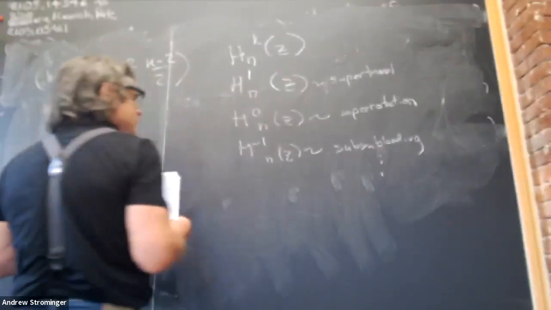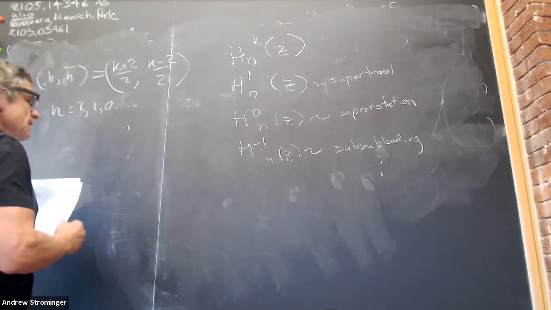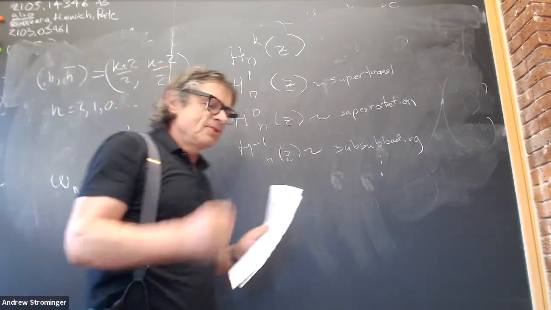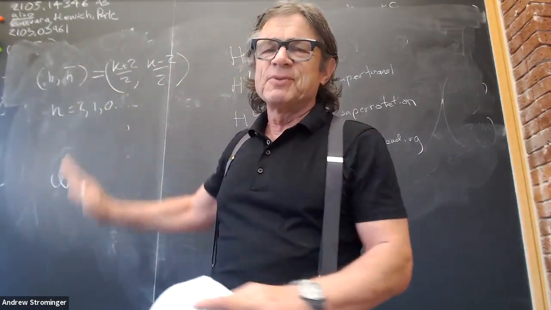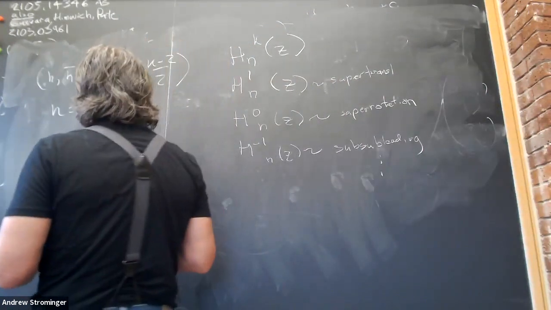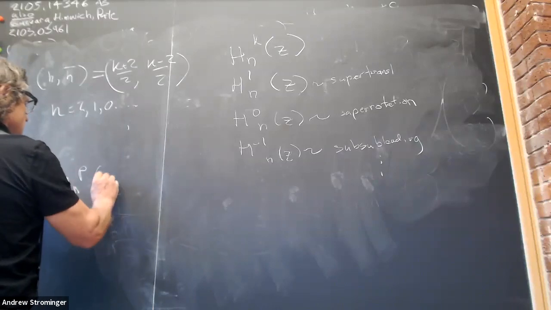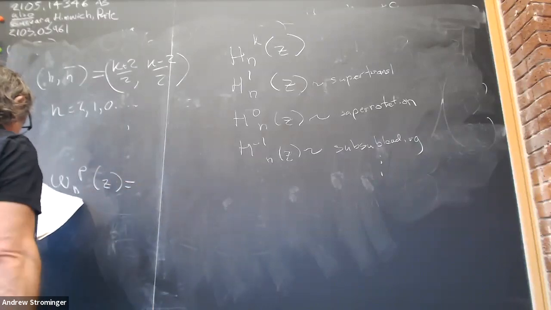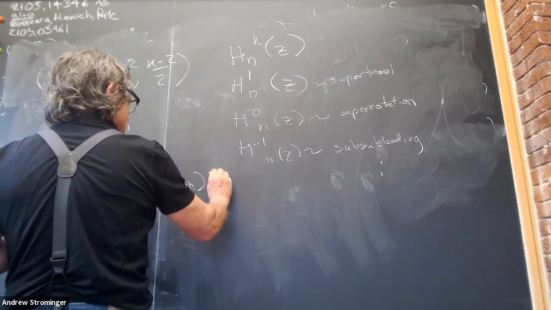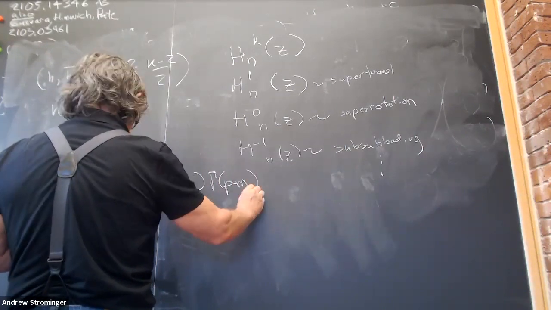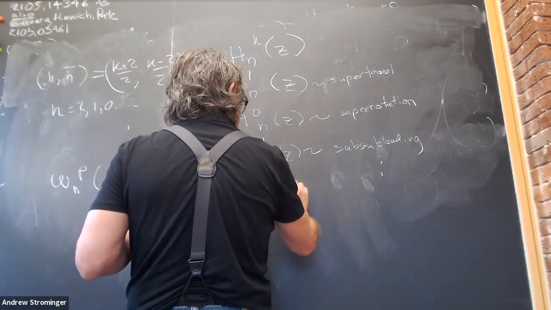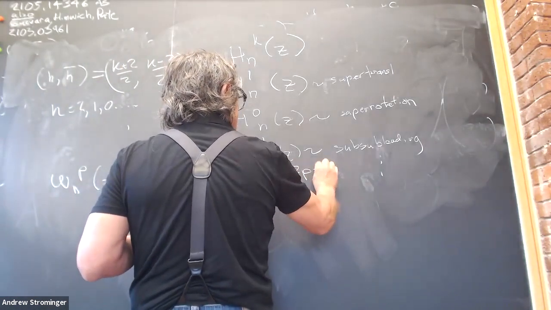And then in my recent paper, I found that all of this structure which followed from the OPEs dramatically simplifies if you define w^p_n of z equals gamma of p minus n, gamma of p plus n, times H^(-2p+4)_n.